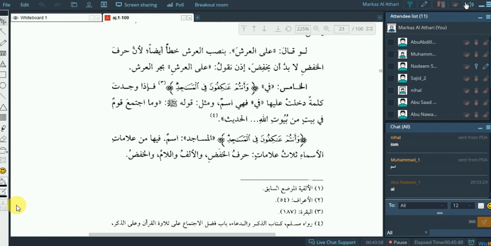Reciting the book of Allah and studying it amongst themselves. And this includes any aspect of Islamic knowledge, because all of that relates to the book of Allah subhanahu wa ta'ala.